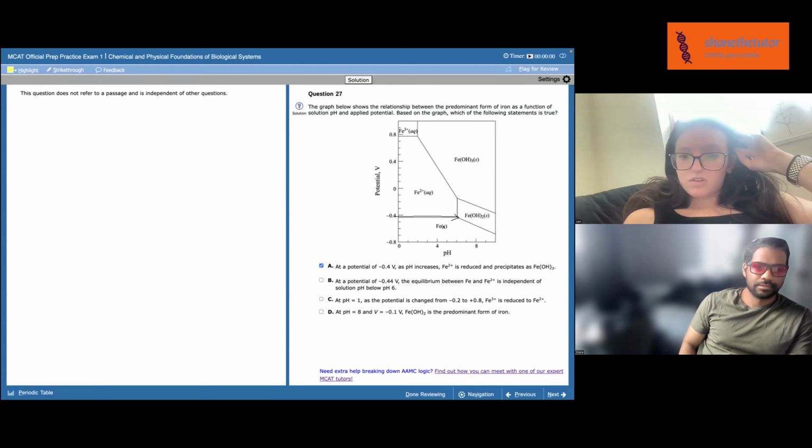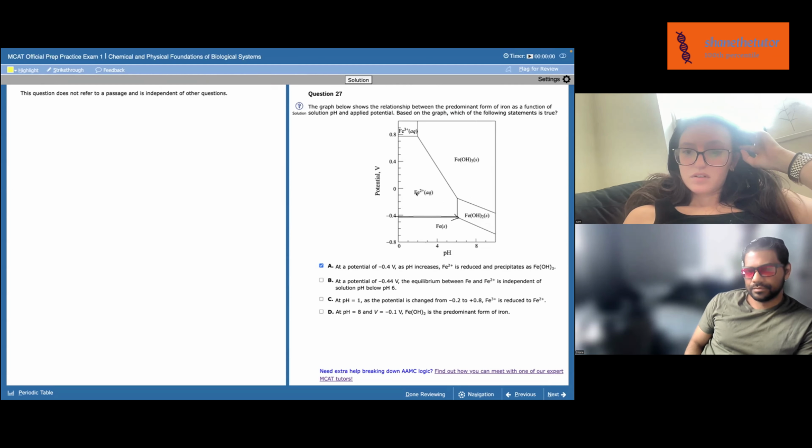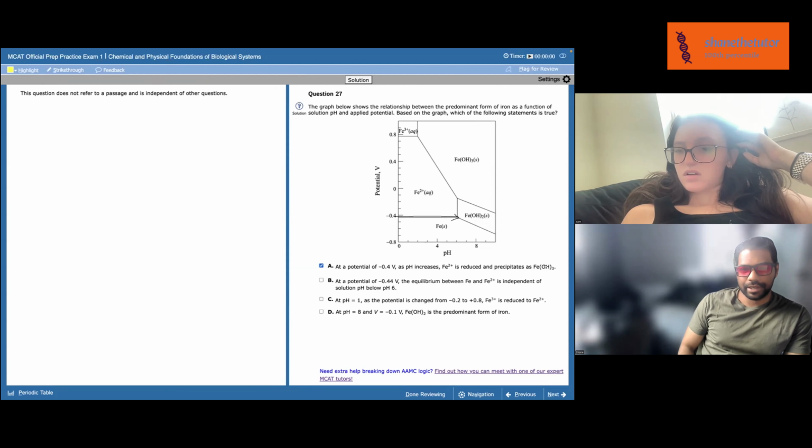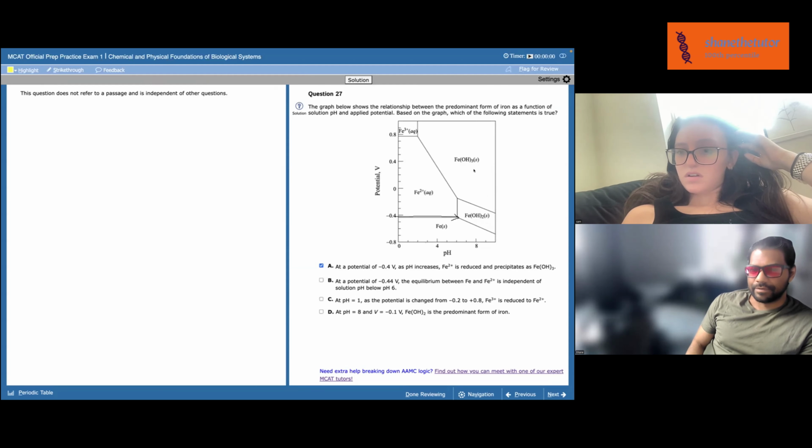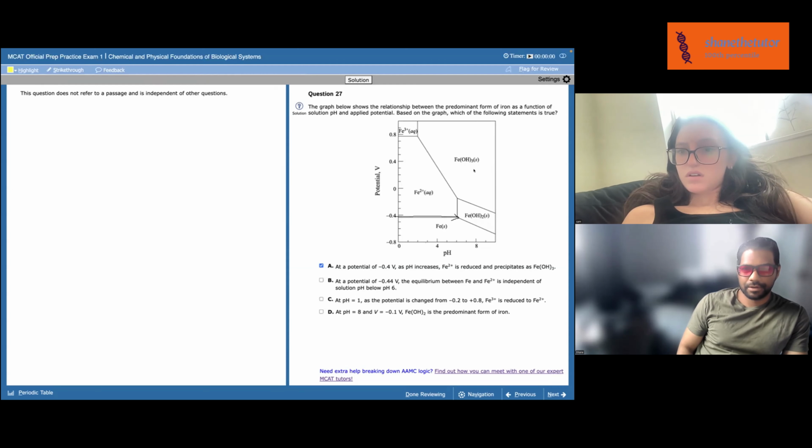As pH increases, Fe2+ is reduced and becomes Fe3+. Oh, that isn't there anywhere. That's showing Fe(OH)3, but it should be Fe(OH)2, right?